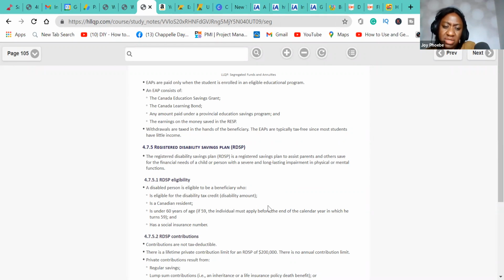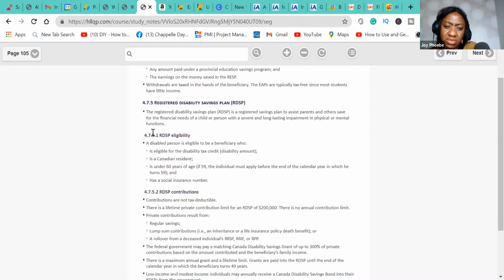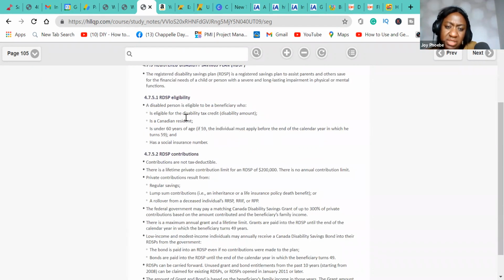Okay. Registered disability savings plan eligibility. A disabled person is eligible to be a beneficiary who is eligible for the disability tax credit disability amount and is a Canadian resident. If a Canadian is under 60 years of age, if 59, and so on.